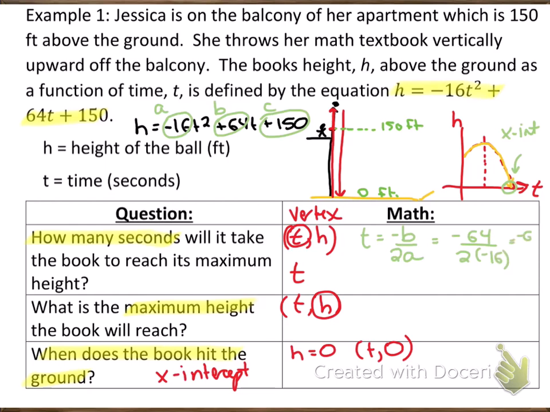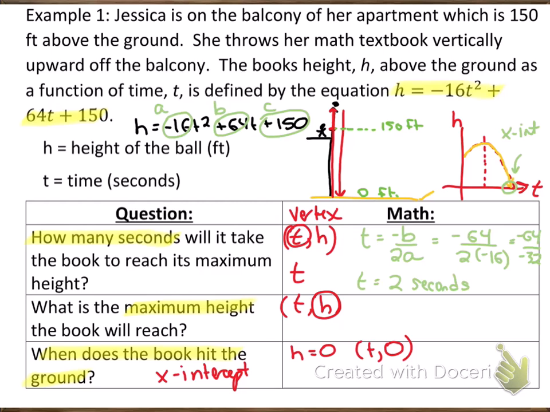Well, that gives me negative 64 over negative 32, and that just reduces to 2, and notice my time is being measured in seconds. So my math book that I threw up in the air, right, will reach its maximum height after 2 seconds. Okay? So what is that maximum height?